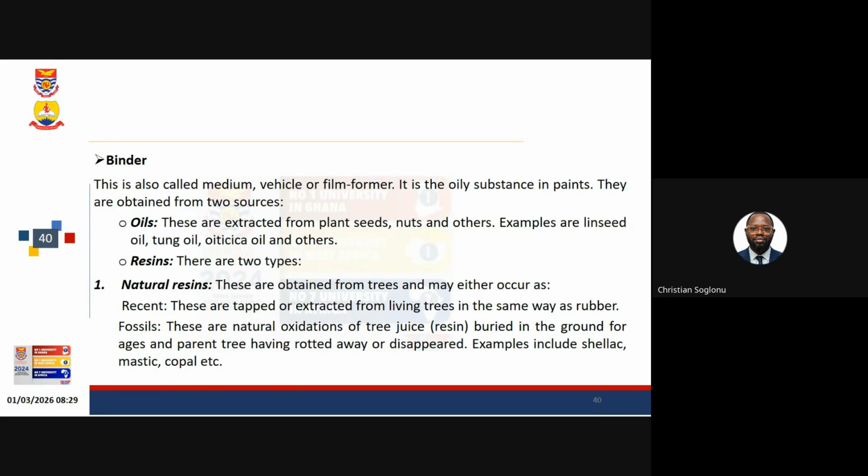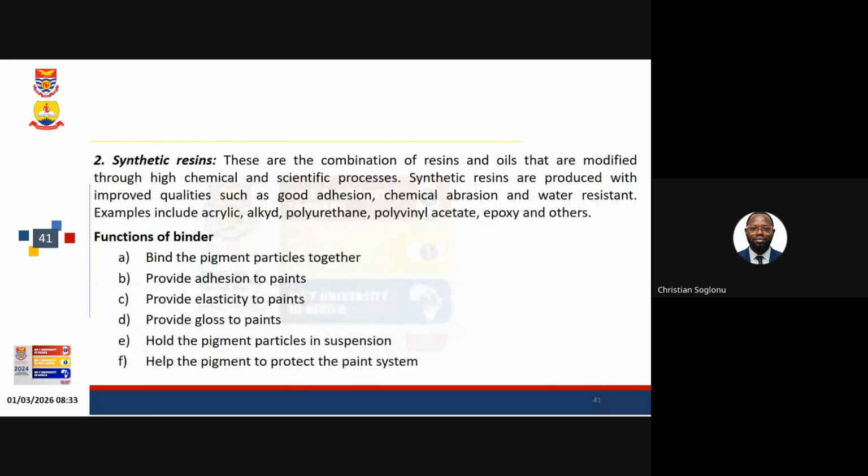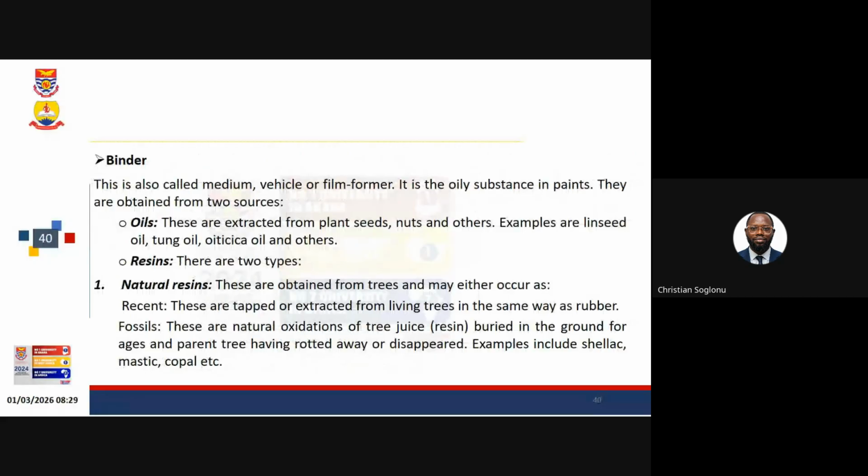Then resins, there are two types. We have the natural resin, then we have the synthetic resin. Resins are obtained from trees. They are tapped and extracted from living trees in the same way as rubber.